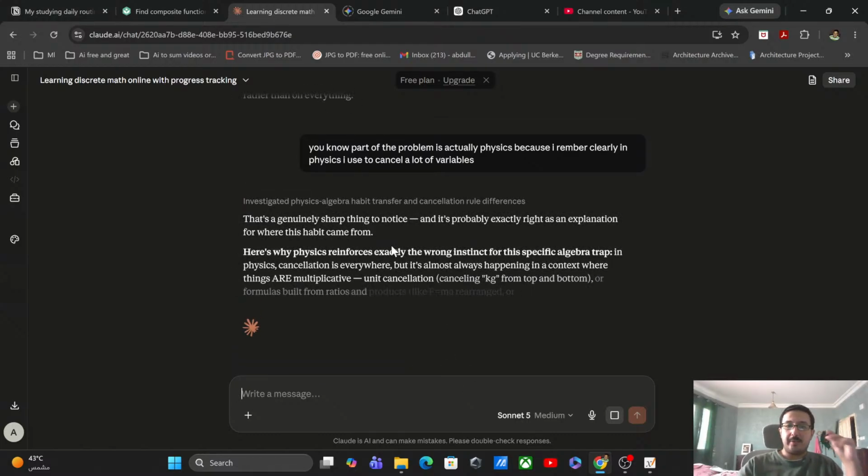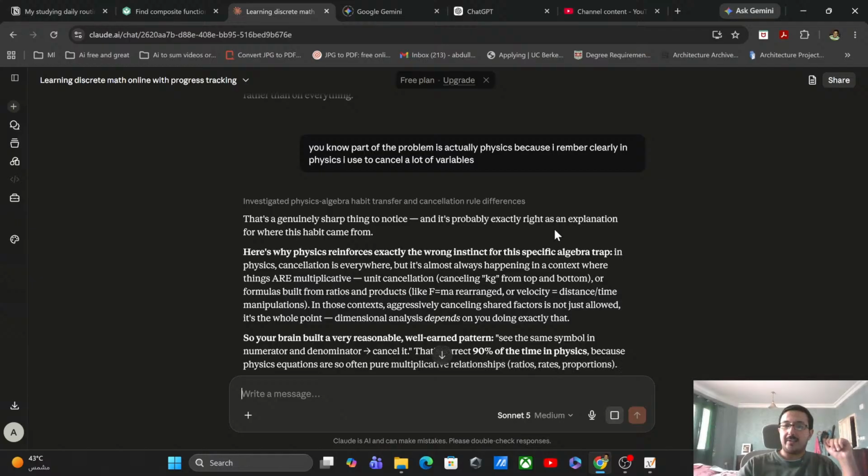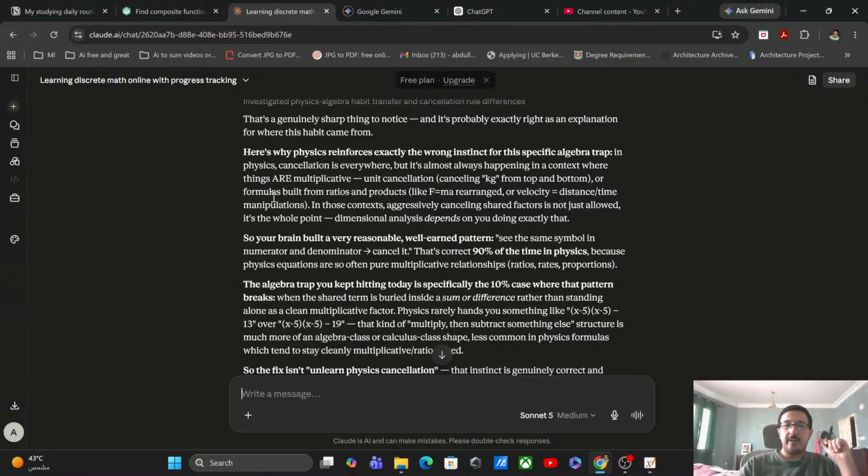That's a sharp thing to notice, and it's probably exactly right as an explanation for where this habit comes from. Physics reinforces exactly the wrong instinct for this specific algebra trap. In physics, cancellation is everywhere, but it's almost always happening in a context where things are multiplicative. Unit cancellation, cancelling K from top and bottom, or formulas built from ratios and products, like F rearranged or velocity as distance over time.